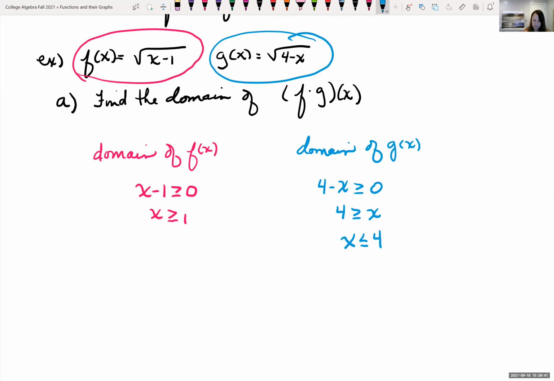We want to take what they share in common. So if we graph the one set above the x-axis and the other set below, we're going to look at where the shaded region is in common.